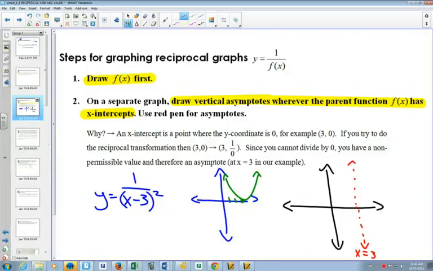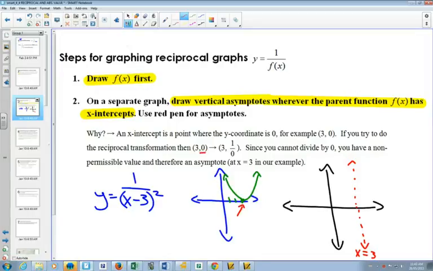This is very similar to what we saw in chapter 2. Wherever you have non-permissible values, you either have asymptotes or holes, but whenever you have a 1 over graph, it'll never cancel out, so it'll always be an asymptote. We start by drawing a vertical asymptote at your non-permissible value, which will always be at the x-intercepts of your original graph, because that's where the y value is 0, and you can't do 1 over 0.